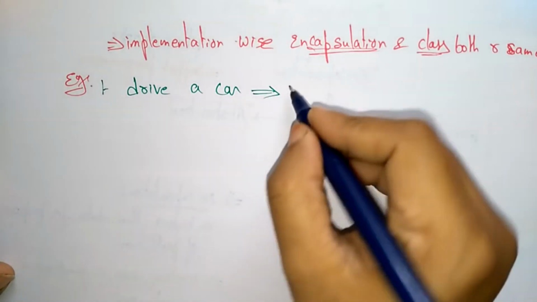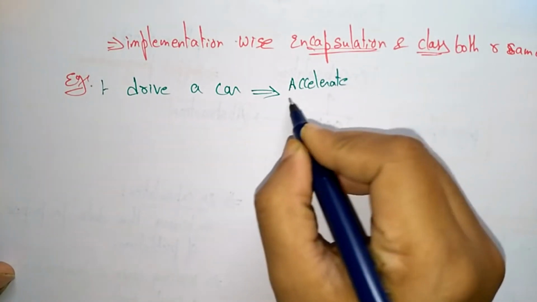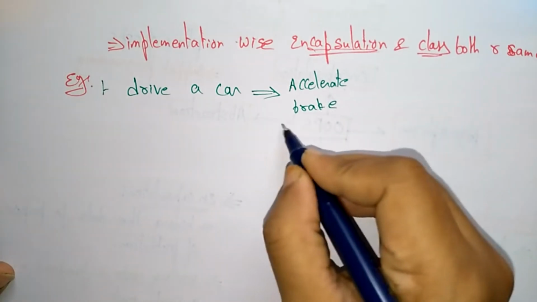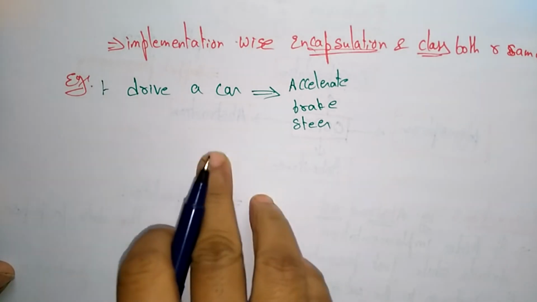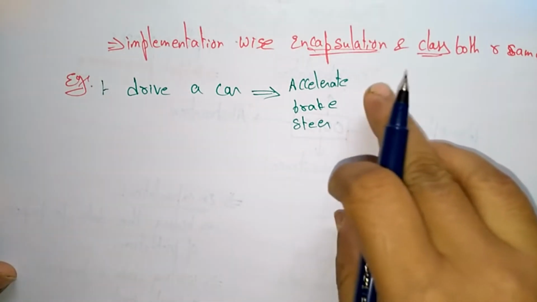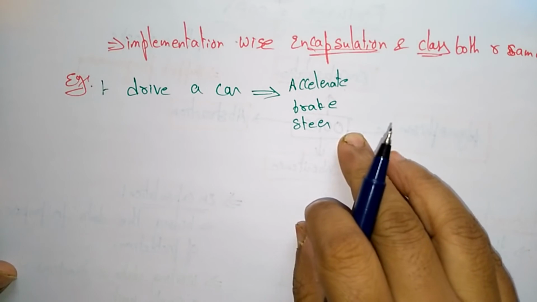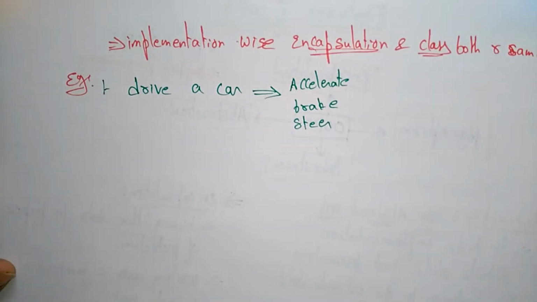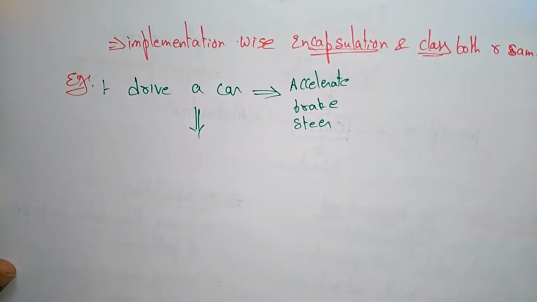To drive a car we need the accelerator, brake and steering. If you are driving, you are just seeing the accelerator, brake and steering. You can't see the rest, it's hiding the details.